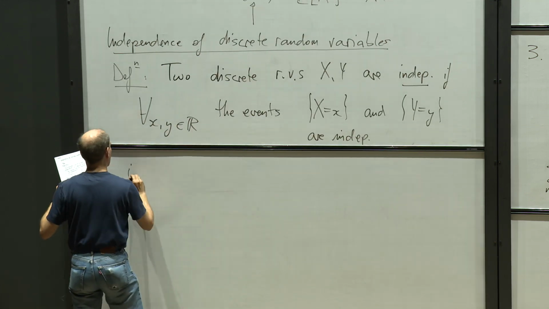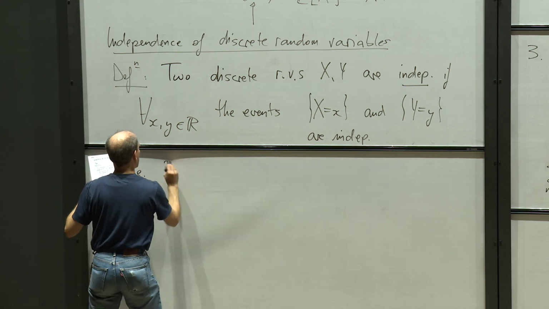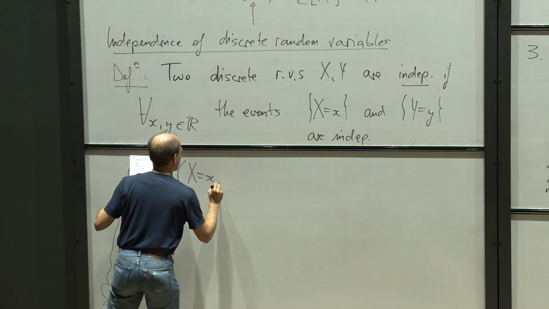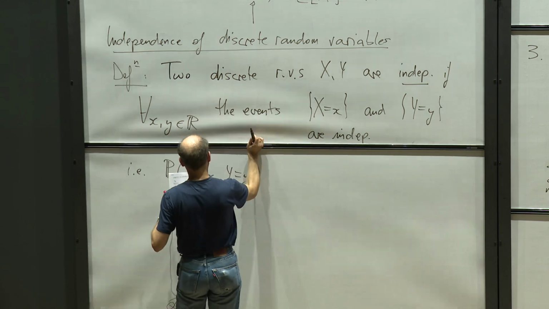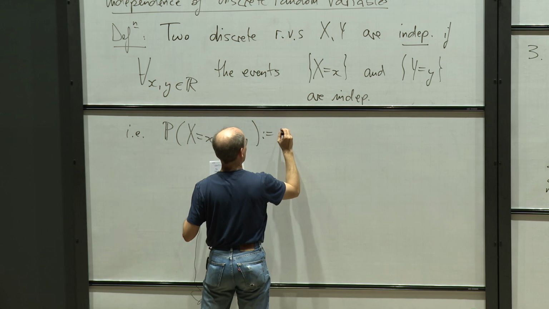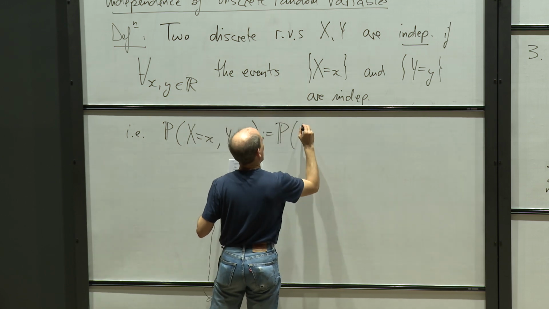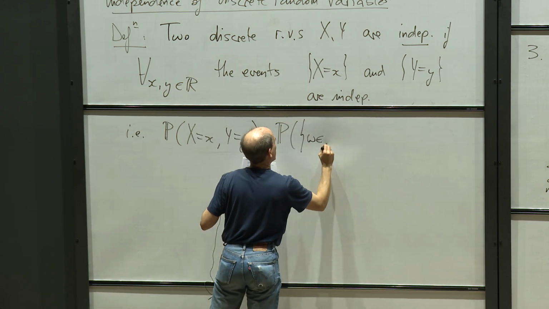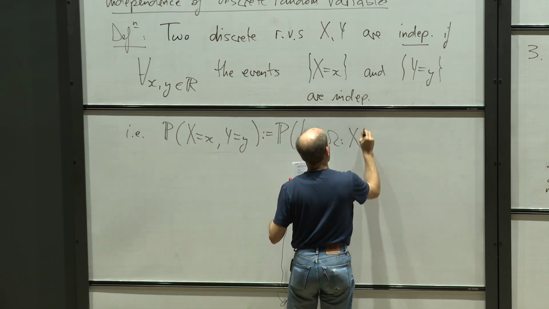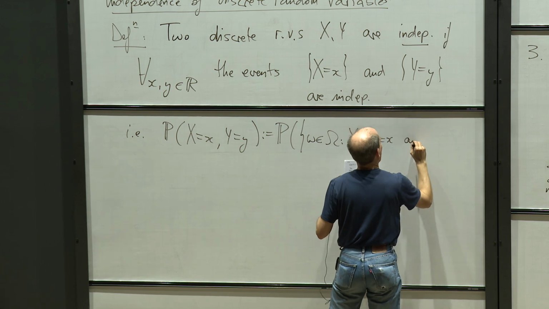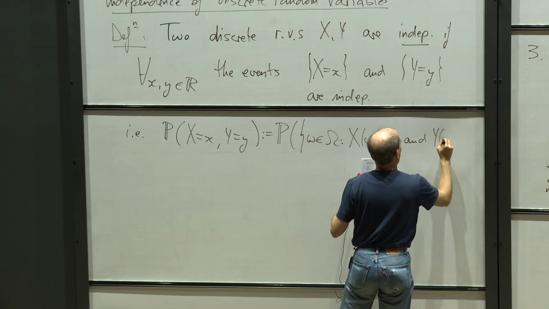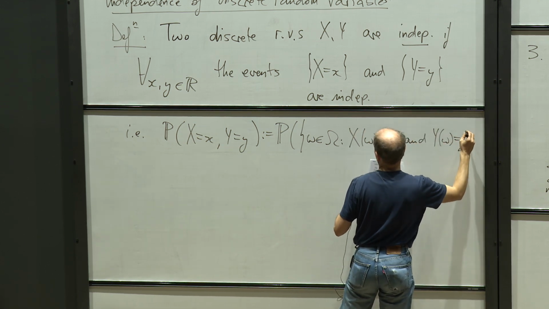Okay, and in formulas, what this says is that the probability that X is equal to x and Y is equal to y, well, what is that supposed to mean? That's just supposed to mean the probability of the event of all omega in Omega for which both X of omega is equal to little x and Y of omega is little y.